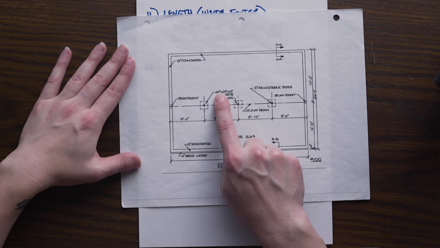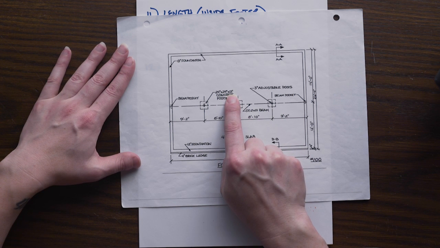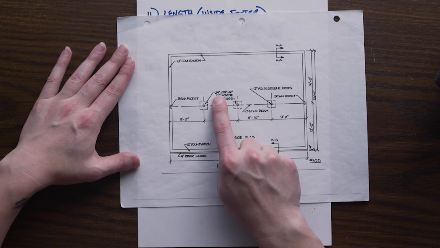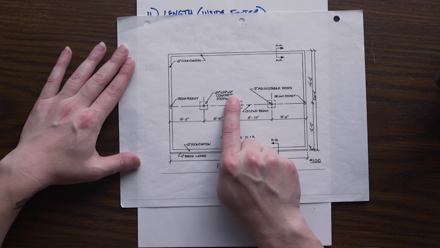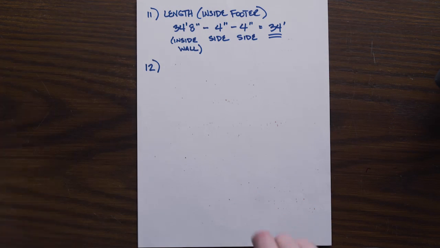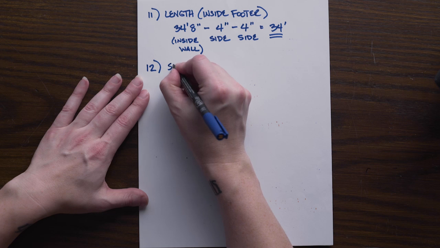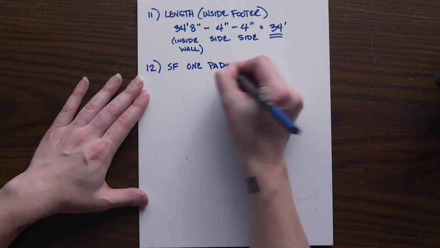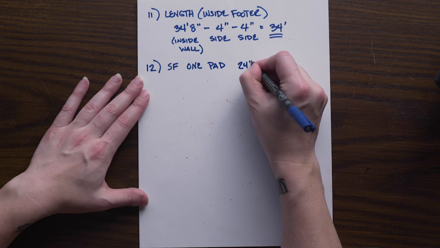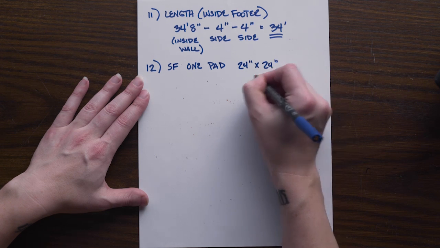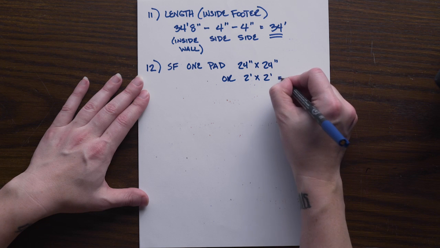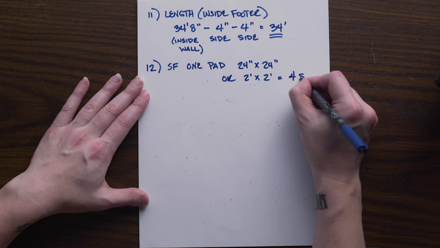So if we have a 24 by 24 by 12, typically what you'll have is a square footer. So that would be the 24 by 24. The 12 inches is the height. So the square footage for one pad is going to be 24 inches by 24 inches, or you can write it in feet, 2 feet by 2 feet, and end up with 4 square feet.